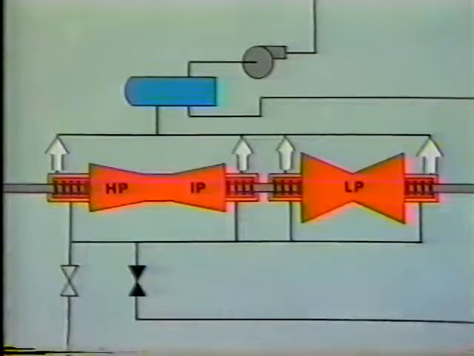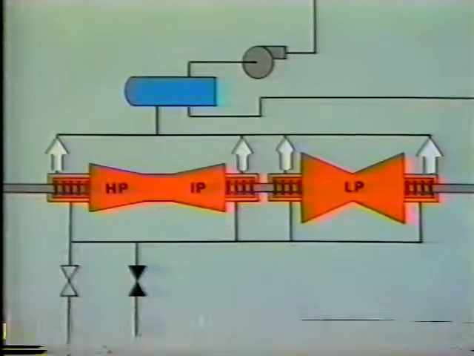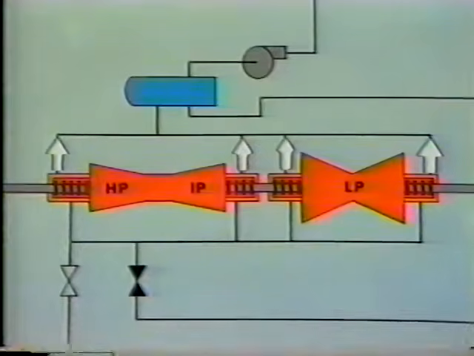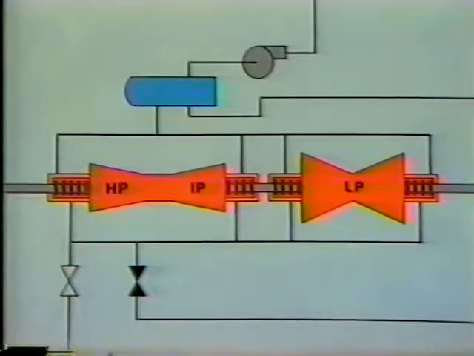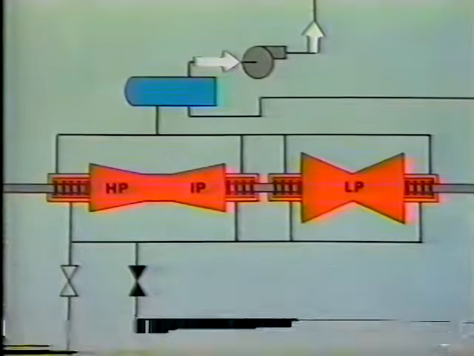Steam and air from the glands are routed to the gland seal exhaust header. From the gland seal exhaust header, the steam and air travel to the gland steam condenser. Here, the steam is condensed into water, which goes to the main condenser, and the air is removed from the system and vented to the atmosphere by the gland steam exhausters.